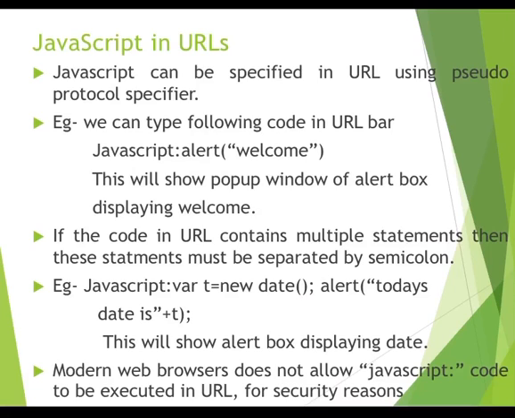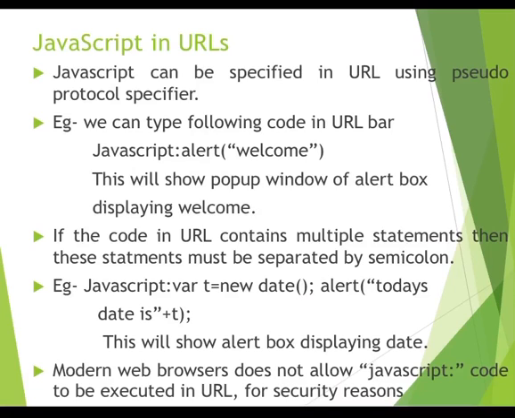How the JavaScript code can be written in the URL bar, we can see in the example given over here. In order to write JavaScript code in the URL bar, you first have to write javascript, then a colon, and then you can start writing your code. See the first example: javascript colon alert, and inside the alert box, welcome is written.